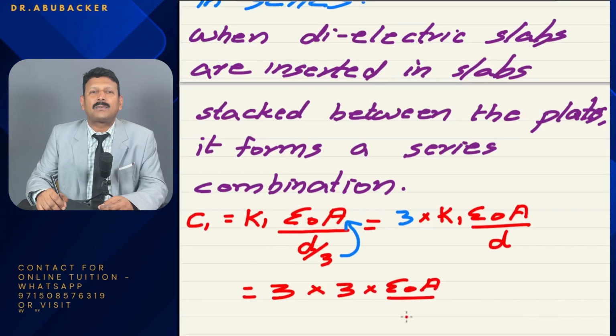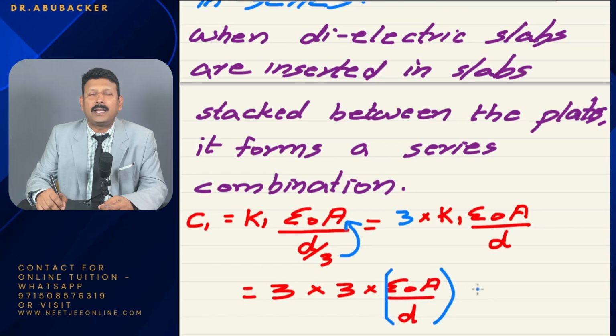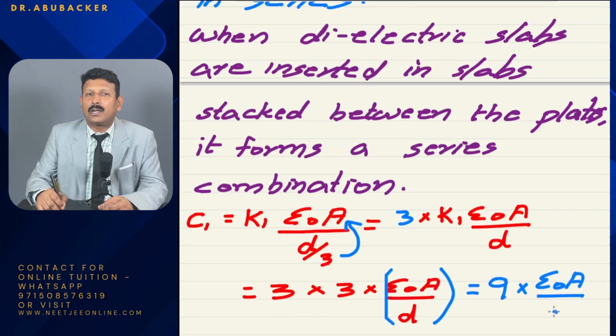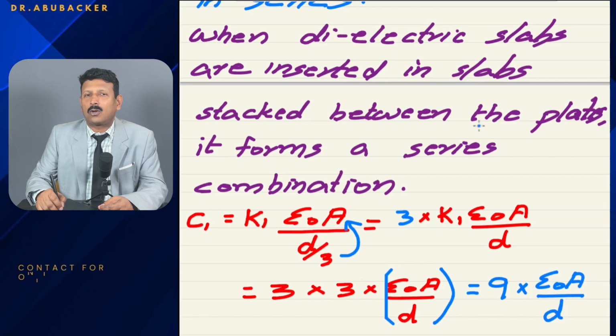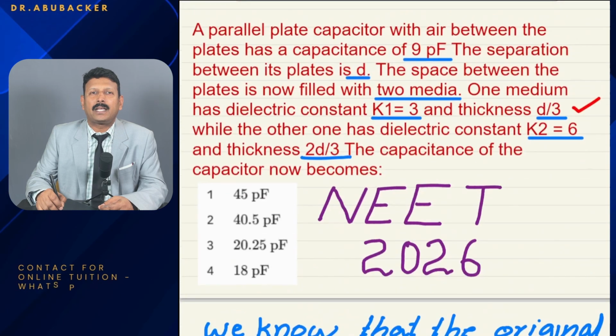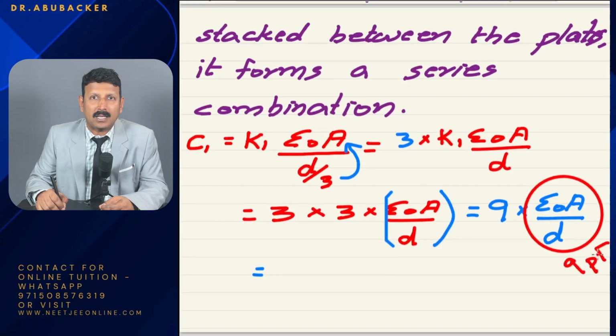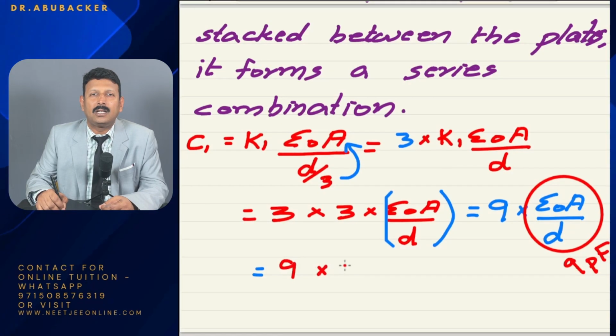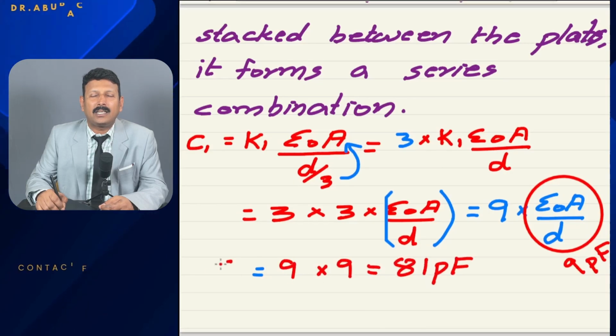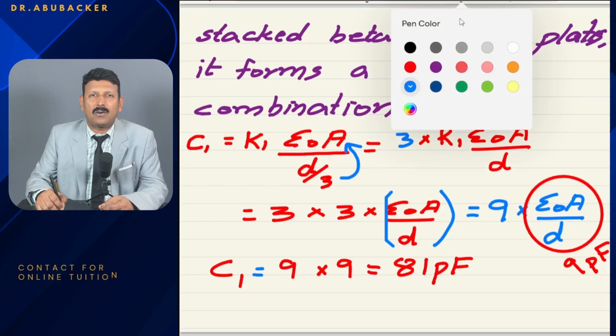The second 3 is from the K1 value, epsilon 0 A by D, which is already given as the initial capacitance. So, 3 into 3, 9 into epsilon 0 A by D. Epsilon 0 A by D we can write as another 9, because that is the initial value of the capacitance, 9 pF. So, the final answer for C1 is 9 into 9, 81 picofarad.